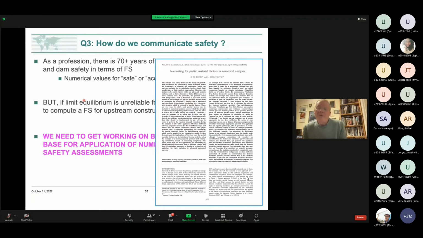The people at Imperial College, Dave and Lydia, have actually made a start on this, and they've got a paper in Géotechnique on where to go.